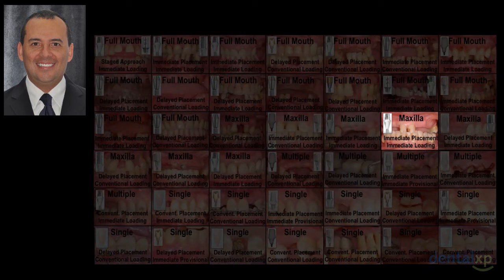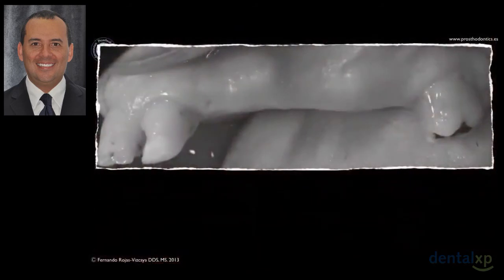So I will skip the whole process of how I make the analysis using the extraoral and intraoral information, and how you mix this information, because this is a topic for another presentation that I will make in a few months here also in Dental XP. And now we are speaking just about the 3A to B rule. So this is one of the old cases that I have.